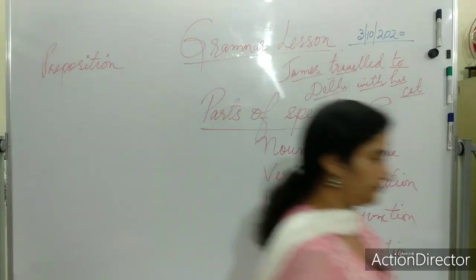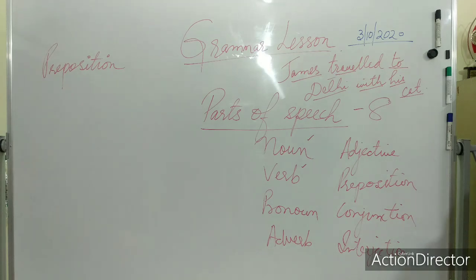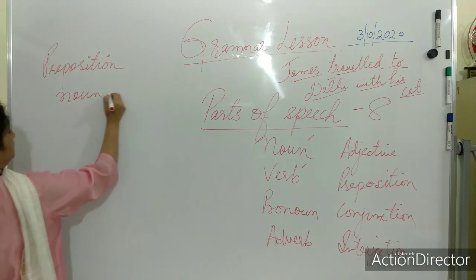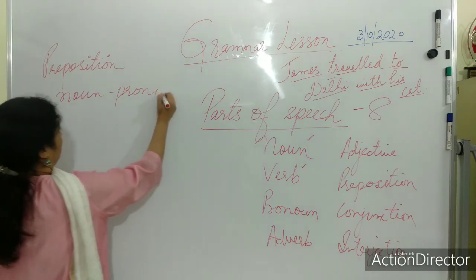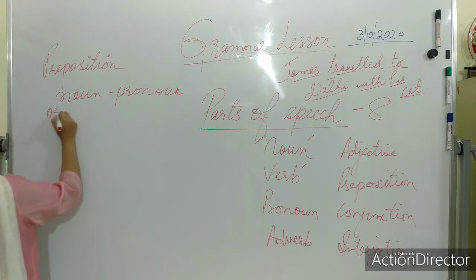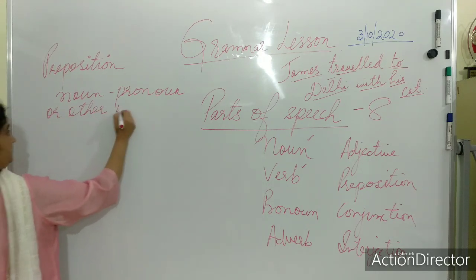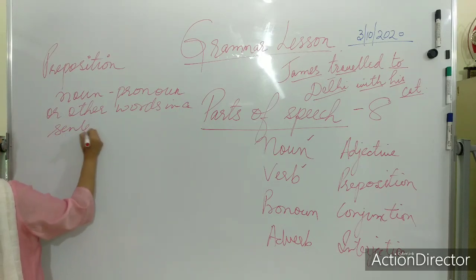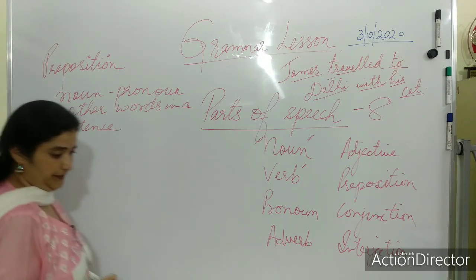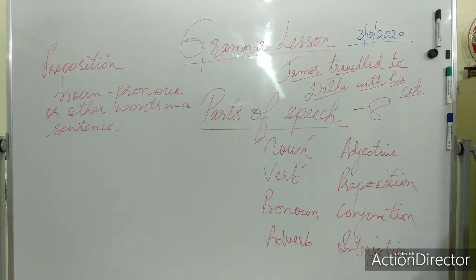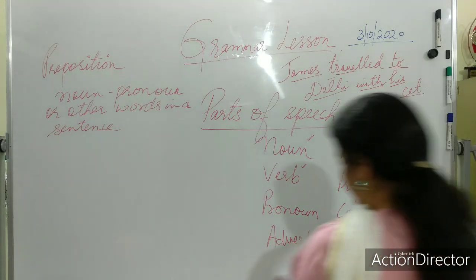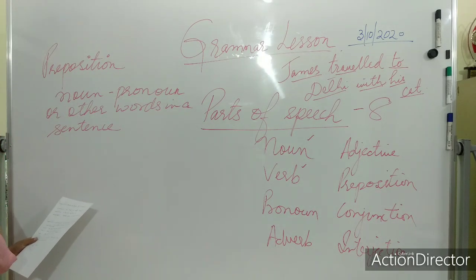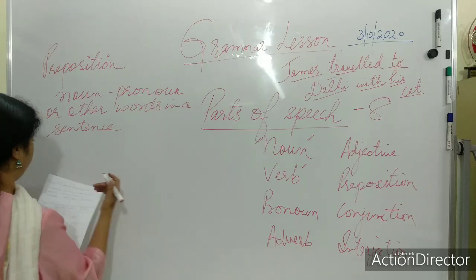Between a noun, pronoun, or other words in a sentence. And they are generally categorized on 3 bases. If we understand them on these 3 bases, we generally remember them well.